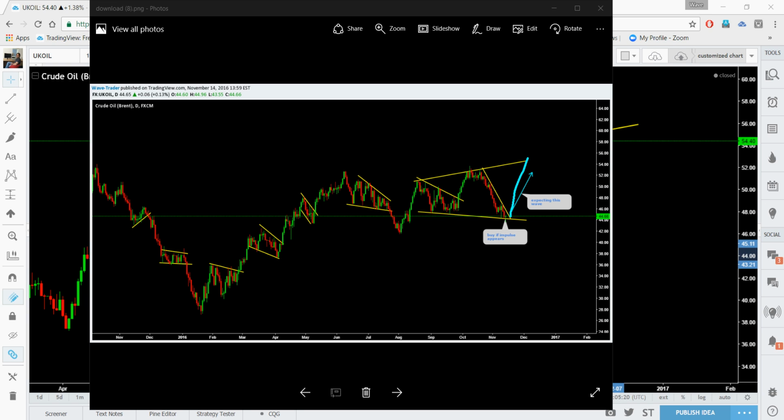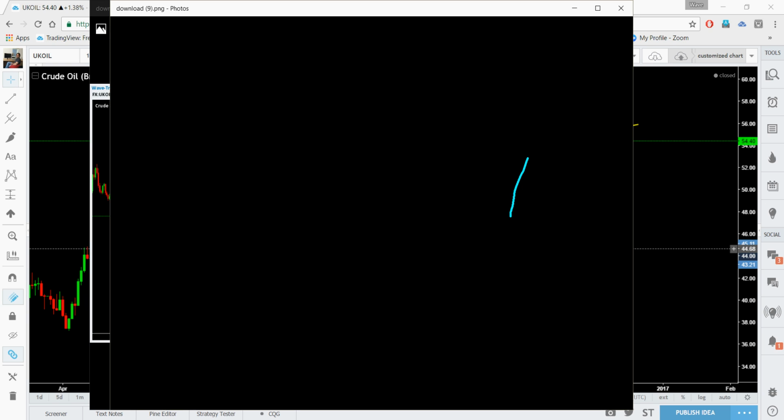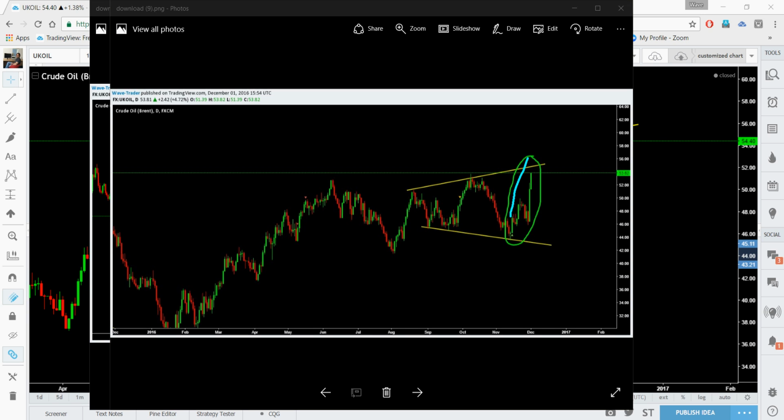Okay, and this is the picture after that, when we have seen that impulse or that wave to the upside. Yeah, so all you guys can see that this is a really strong impulse, and it is just hitting the top trend line.